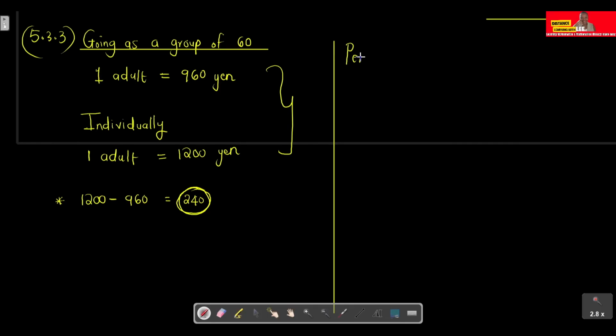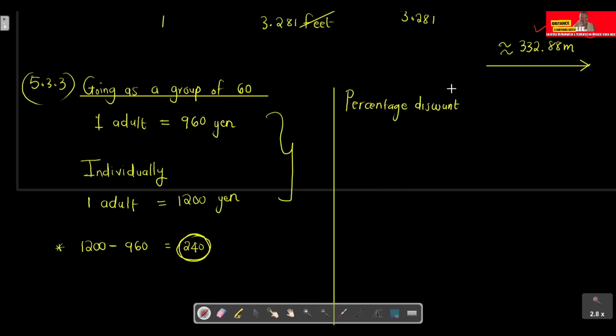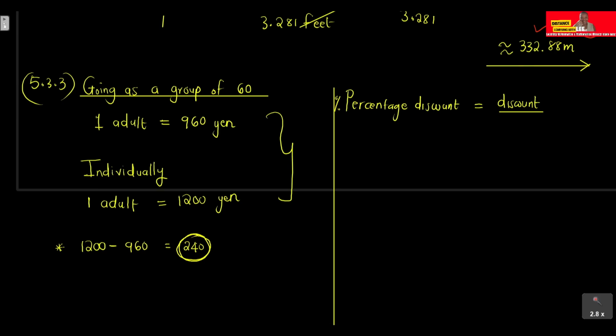Percentage discount is equal to the discount amount that you would have received divided by the original amount, multiplied by 100, because you want the percentage.